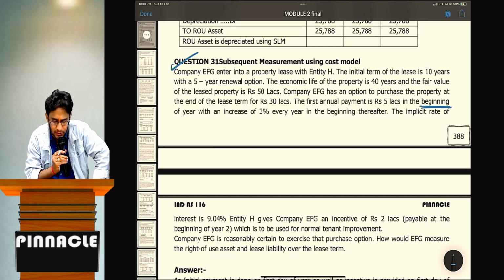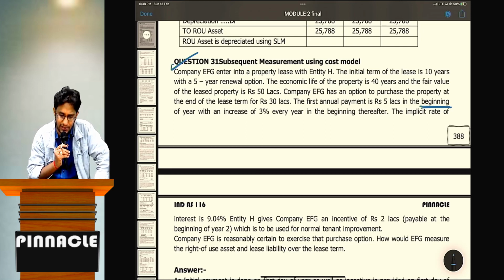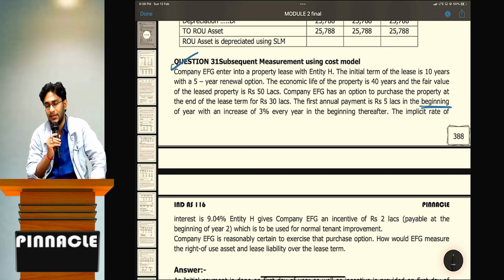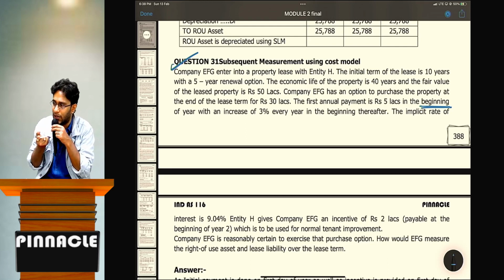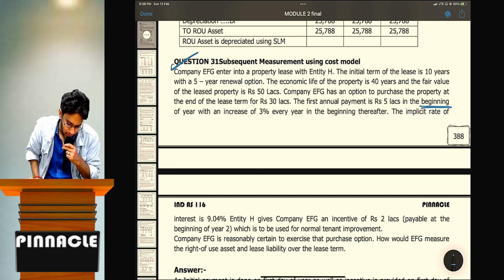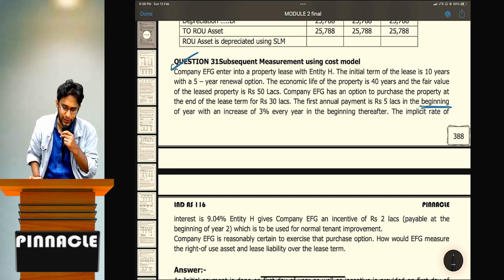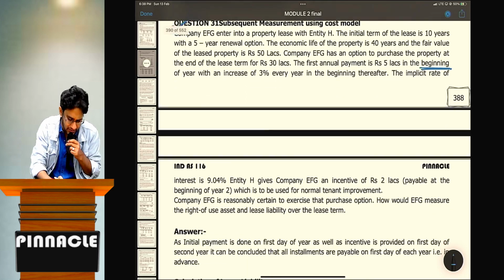Company H gives company EFG an incentive of rupees 2 lakhs which is payable at the beginning of year 2. First lease rent I will pay, second lease rent when I am paying with this hand, I will also receive 2 lakhs from the lessor, which is to be used for normal tenant improvement, other leasehold improvements.